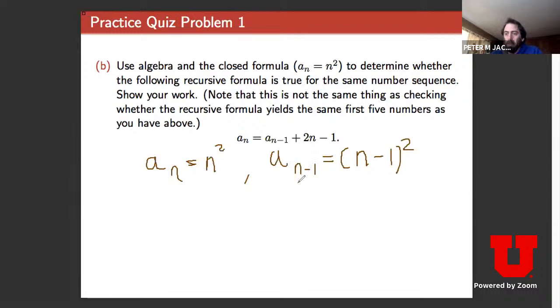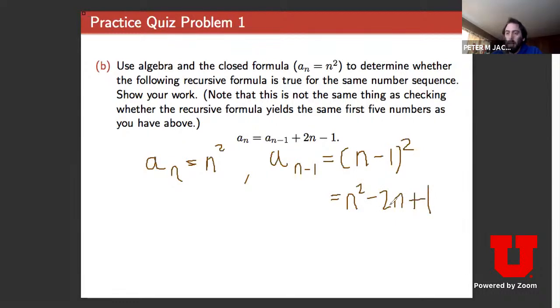So let's try to simplify an minus 1. Somehow we want to take this and get an n squared term, because n squared is an. So we can rewrite this, just distributing, as n squared minus 2n plus 1.